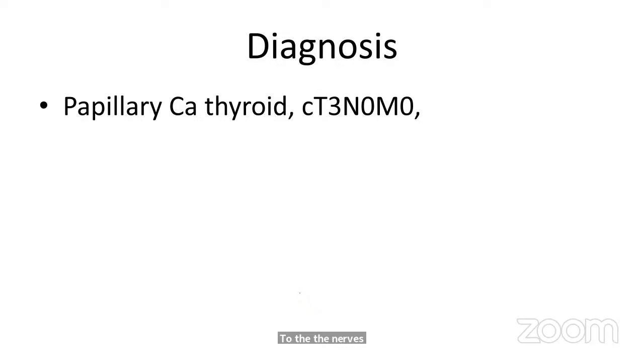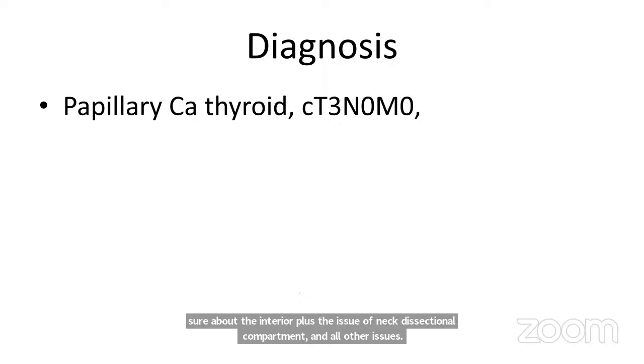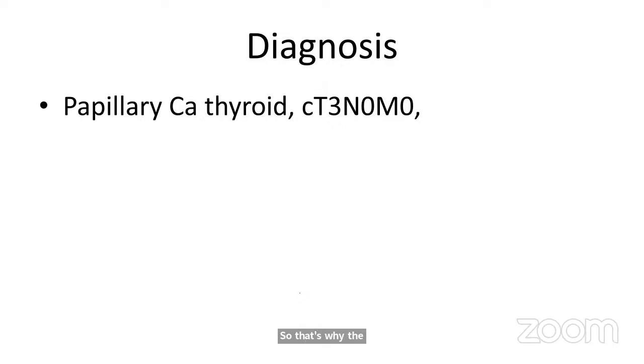Correct. So what I wanted to tell you, the superior are almost constant in position, but it is very difficult with the inferior, you are not so sure about the inferior. Plus the issue of neck dissection, central compartment, and all other issues. So that's why the parathyroid gets more importance during thyroid surgery than the recurrent laryngeal nerve.